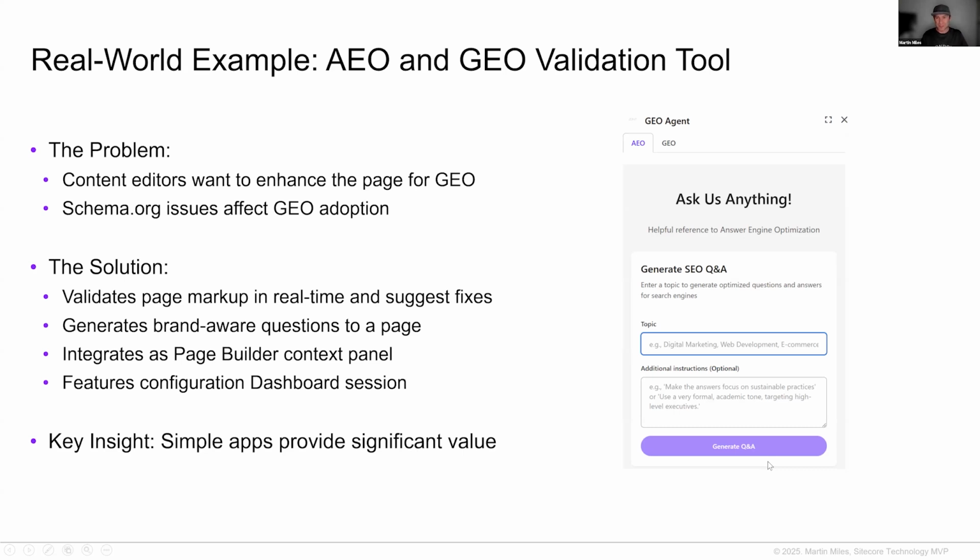So what do we use this tool for? Content editors want to enhance their page with generative engine optimization information. This works with schema.org, and generally think of that as the engine.